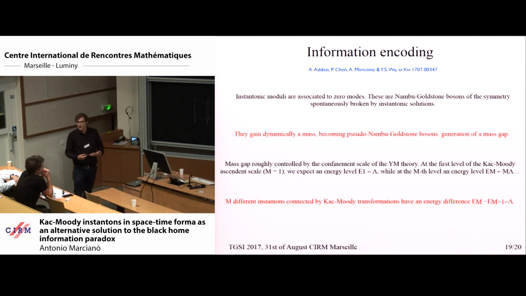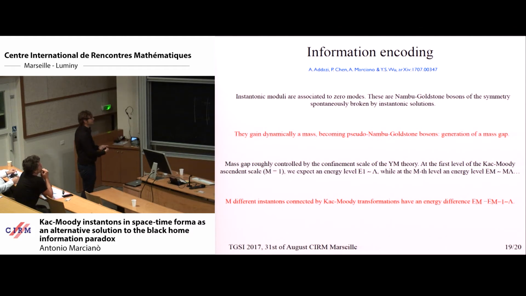The value of this mass is a little bit difficult to evaluate, because of course you have to solve the path integral formulation. But what we know anyway is the order of magnitude of this mass gap. It is the order of magnitude of the energy scale that you have in your Yang-Mills theory.